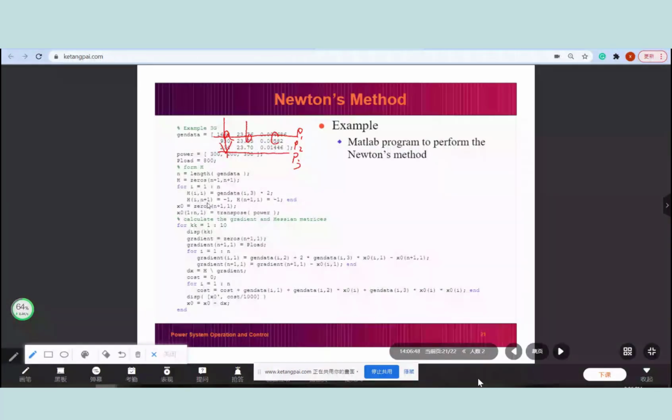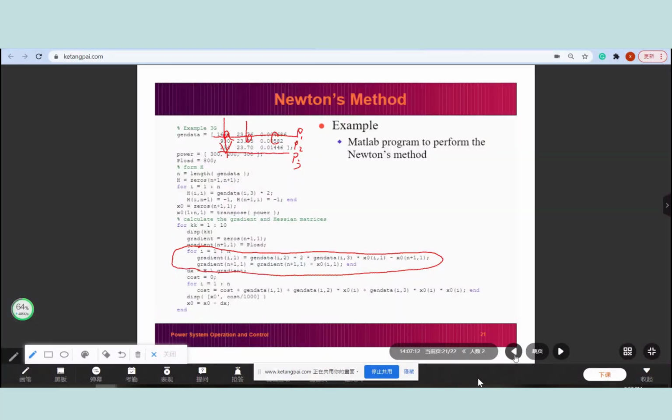Based on this, we have used MATLAB to code this lambda iteration. The key part is this part. You should know the meaning of this. I will not repeat this, and if you have any questions, we can discuss after class.